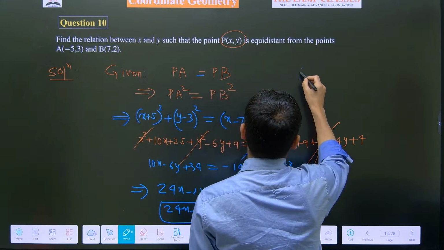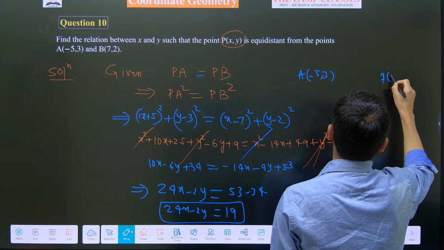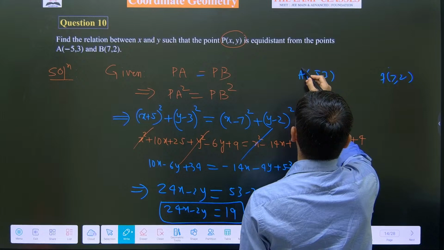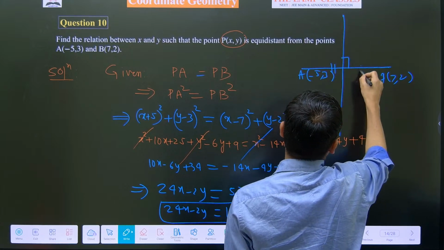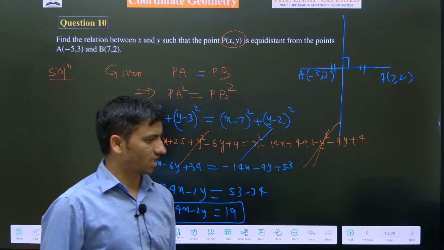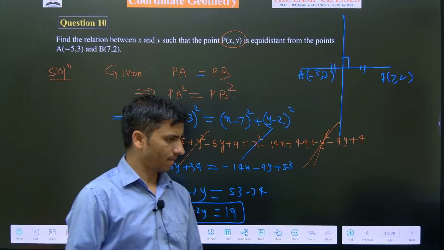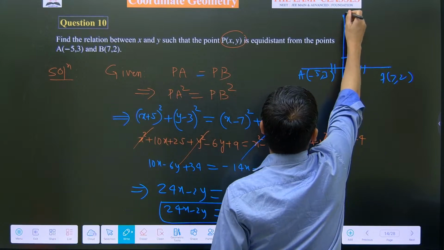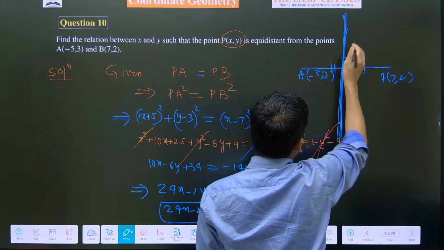These 2 points A (-5, 3), B (7, 2). All the points which lie on the perpendicular bisector of the line segment joining these 2 points will satisfy this. If you take any point on this line, it will always be equidistant.